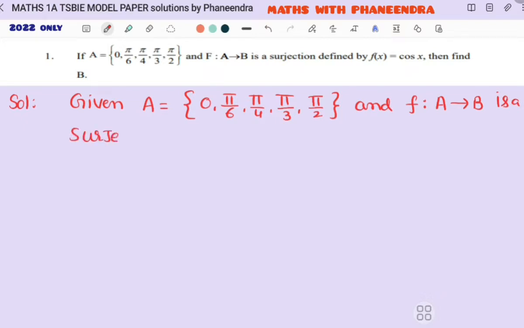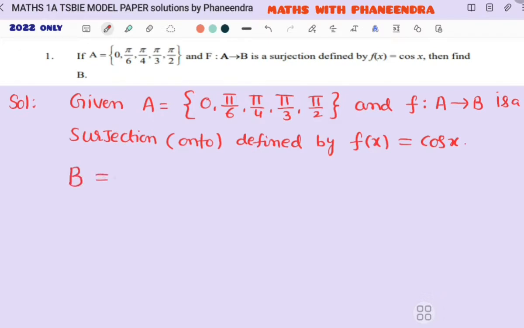Surjection means onto. Defined by f of x is equal to cos x. So they are asking B value, no? So B is equal to, whenever f of x is onto or surjection, B is equal to f of A.